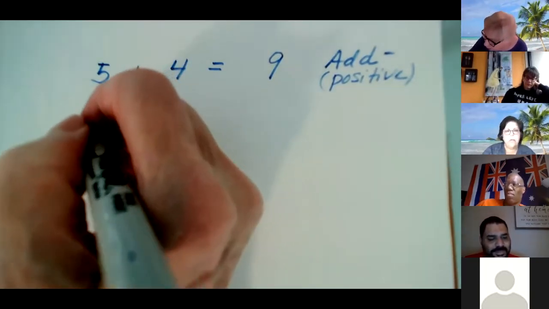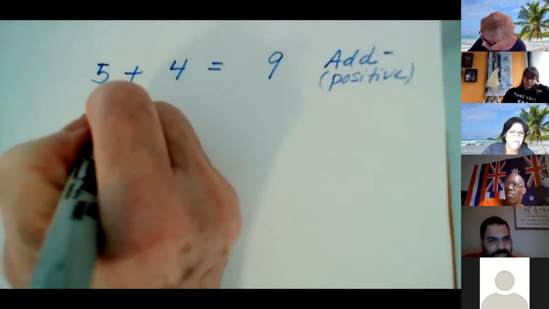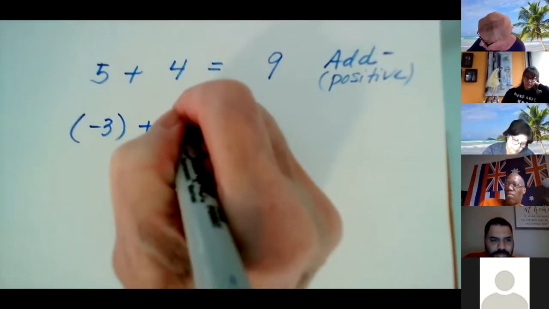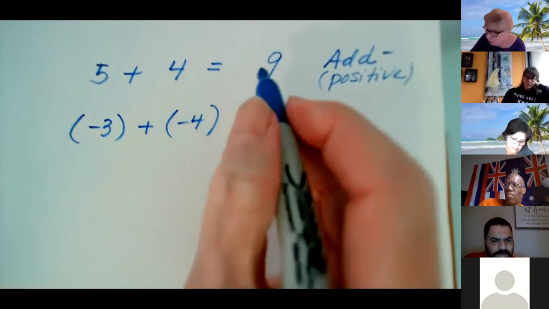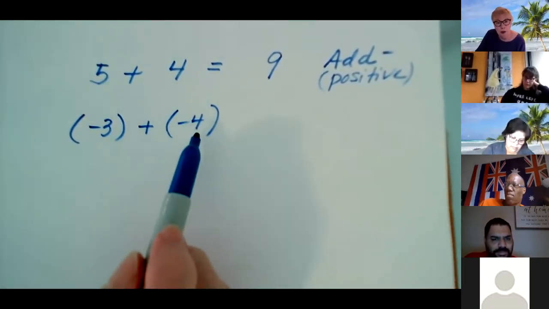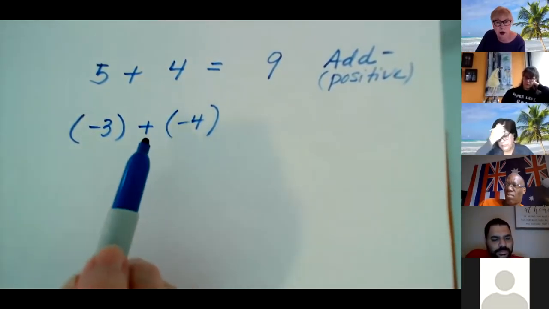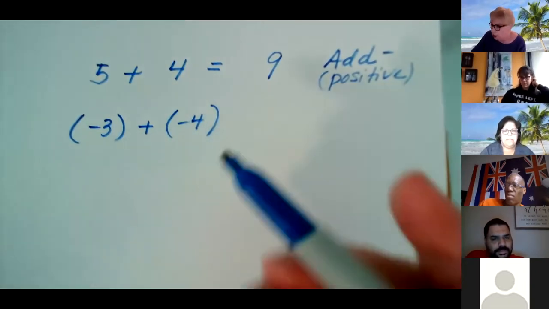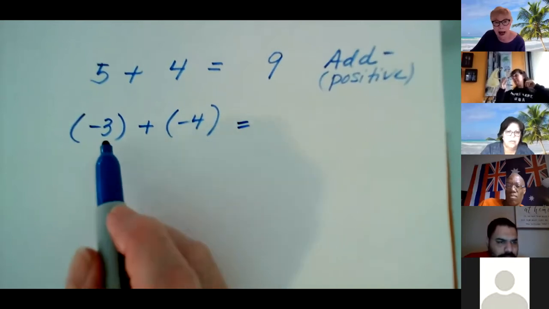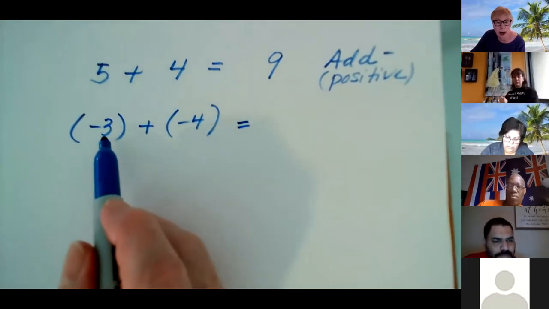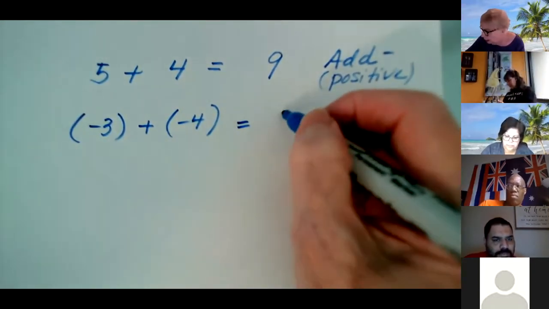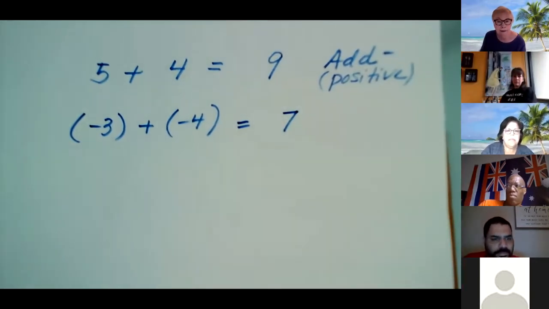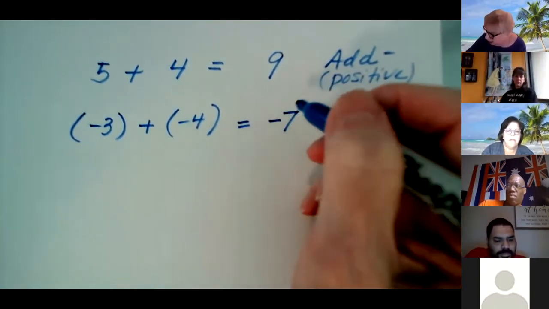But let me go back to this one. When both of the numbers were negative and we were expected to add them, what I ended up doing is adding the absolute value. So I add the 3 and the 4 and I get 7. But I carry the sign.